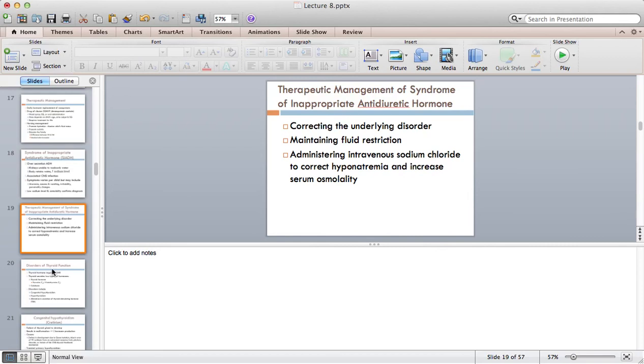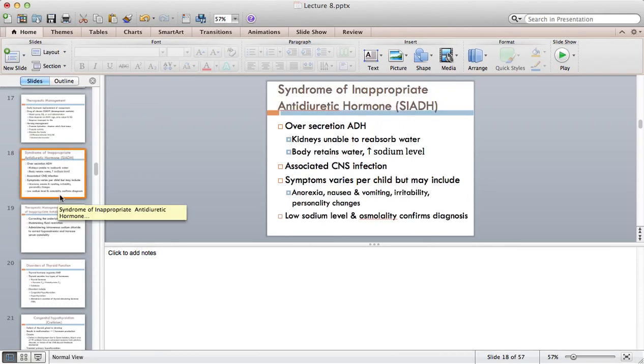The next problem we're looking at is the syndrome of inappropriate antidiuretic hormone. Here there is oversecretion of the antidiuretic hormone. In diabetes insipidus, we are looking at decreased antidiuretic hormone. Here we are looking at oversecretion.